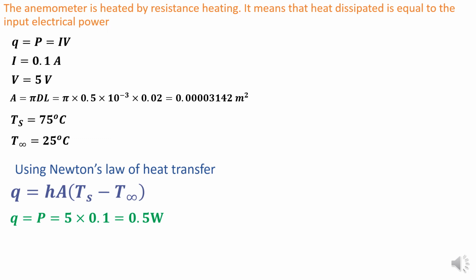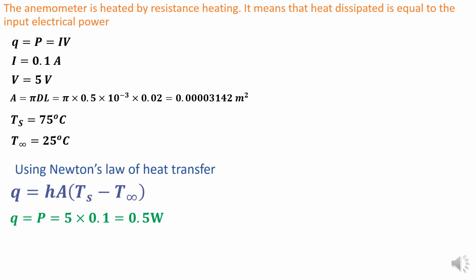The heat transfer is simply the input electrical power, because heat transfer is the heat dissipated in the anemometer, and the heat dissipated is equal to the input electrical power, and we know that input electrical power is simply the product of current and voltage.